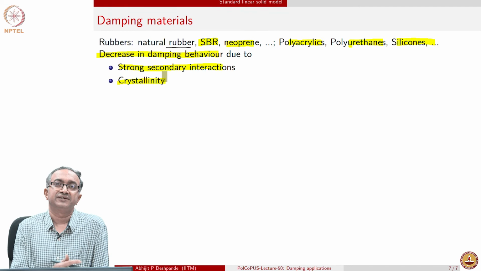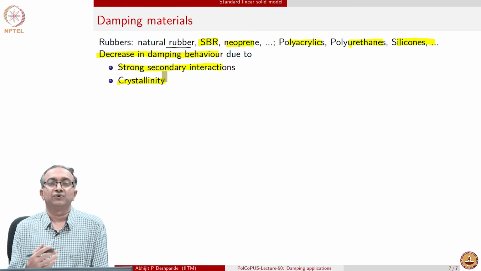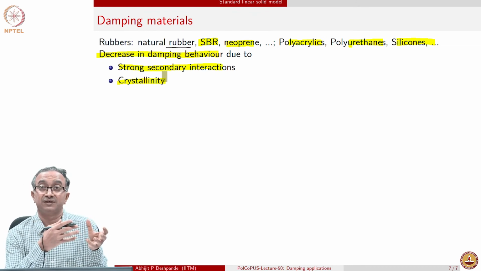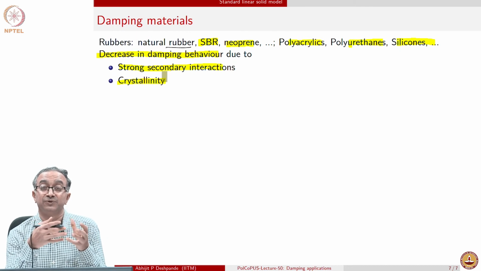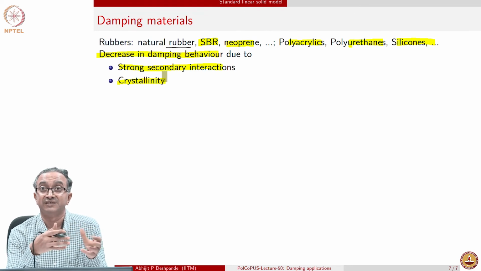Why would secondary interactions lead to less damping? You can think also, probably, in terms of whether in wood, cellulose is going to contribute to damping or whether lignin is going to lead to damping. You can try reading about it. But what do strong secondary interactions imply in terms of segmental flexibility?